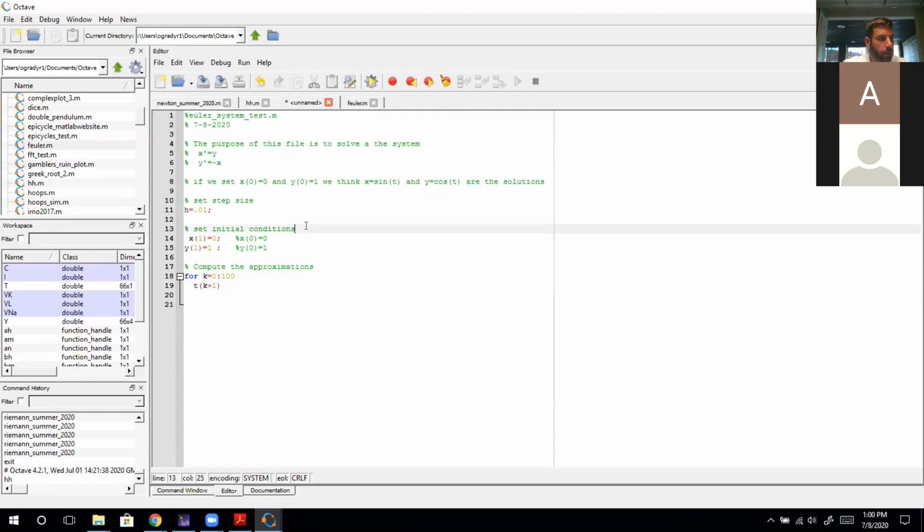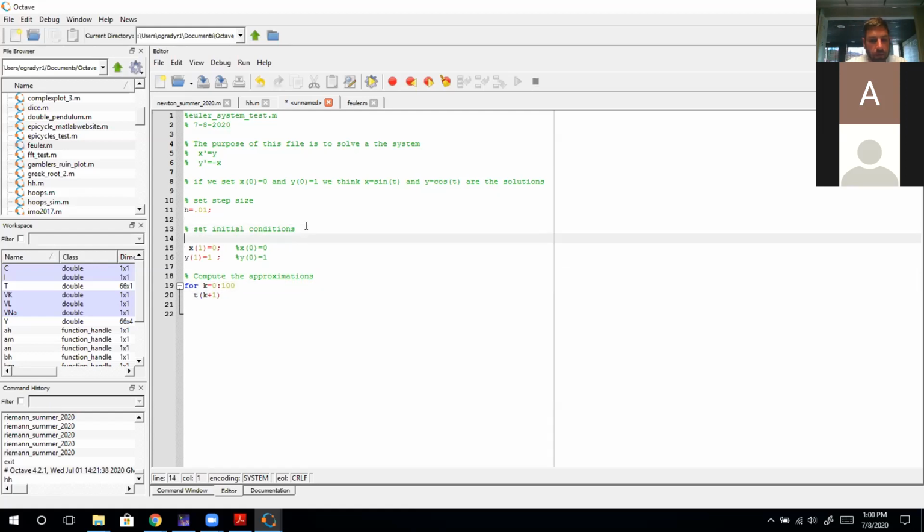Our initial time, we could put this in here, is t of 1 equals 0. Let's start at 0. We could start anywhere, but let's start at 0. So let's make sure we understand what this means. This means that the initial time, t of 0 equals 0.